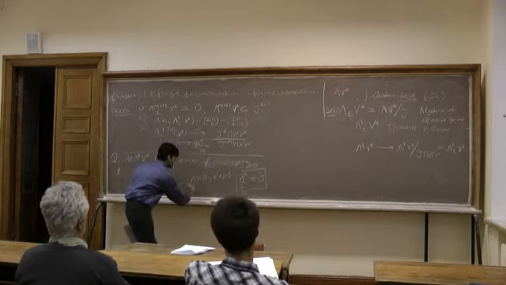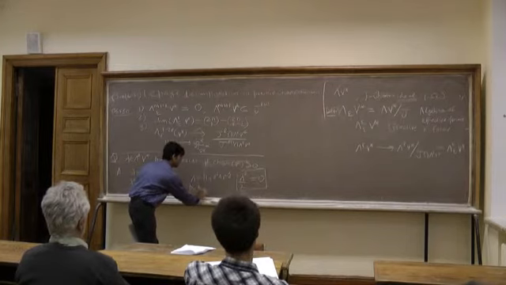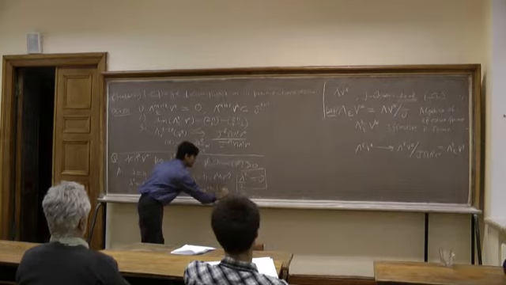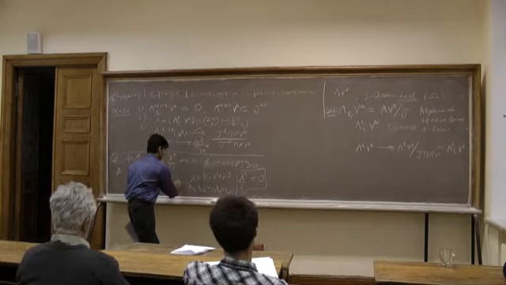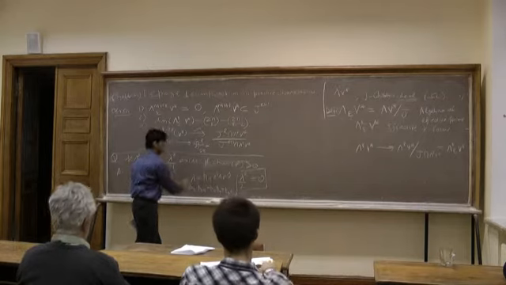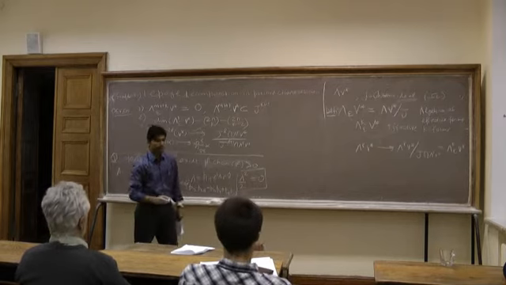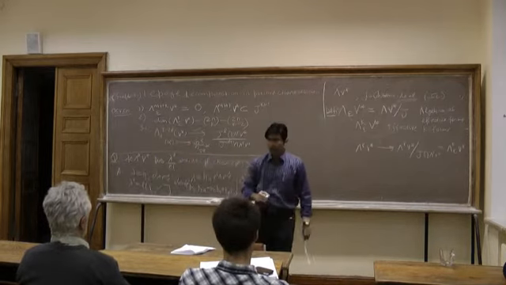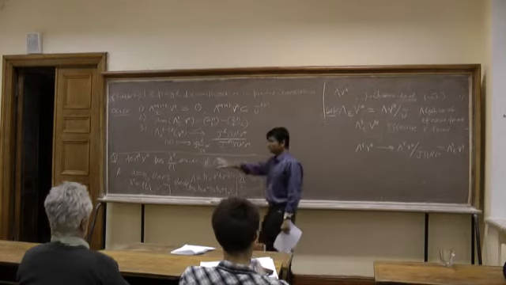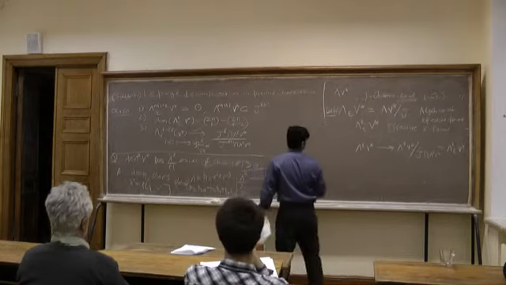Then this thing reads P12, P34 minus P13, P24 plus P14, P21 times E1 plus E2 plus E3 plus E4. It exists. So these forms exist.